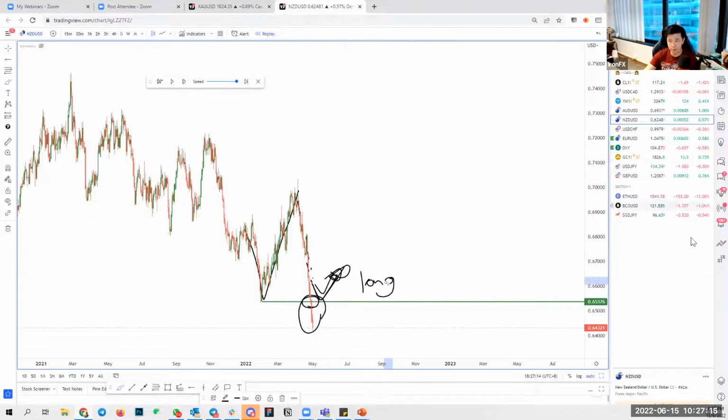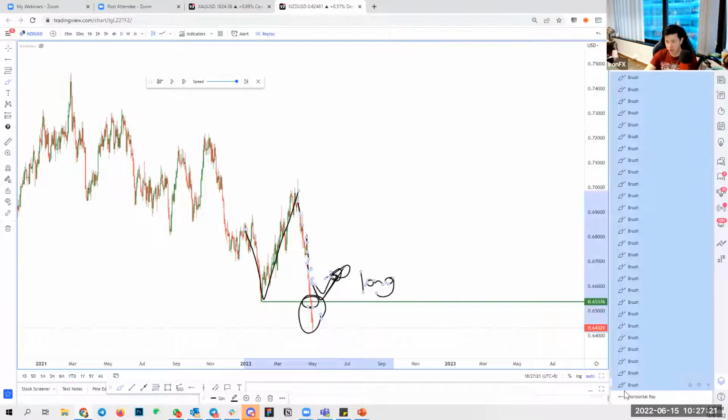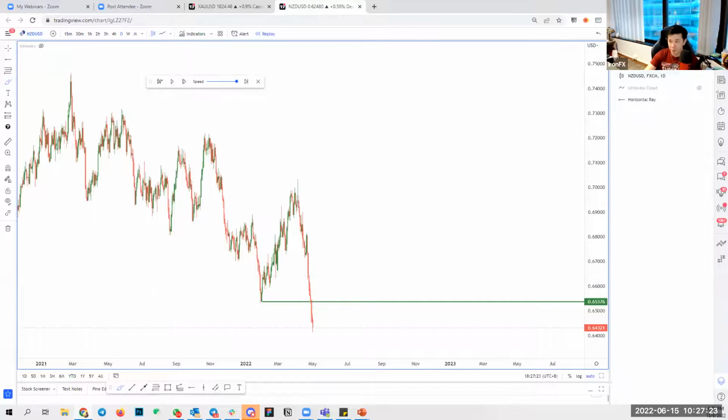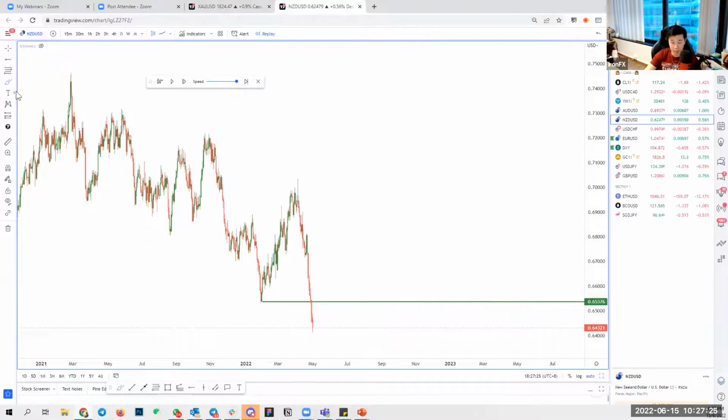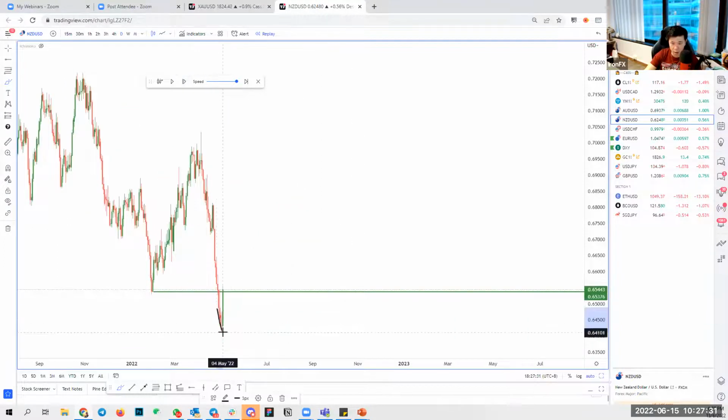What happens after that? Just let me erase my drawings a bit. Whoa, I draw a lot on this chart. What happens after that is price spikes up with one strong bar to here. Now, what do you think people are going to do in this circumstance?